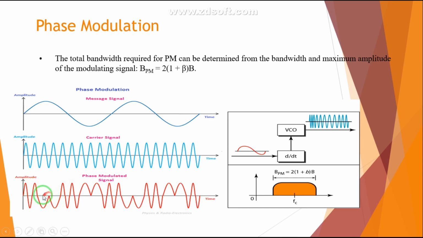See the phase is going to change at this instant, whereas its frequency and amplitude remain constant. Understood? In phase modulation, what is going to be changed? The phase of the carrier signal is going to change, keeping its amplitude and frequency constant. So I hope you understood these analog modulations.